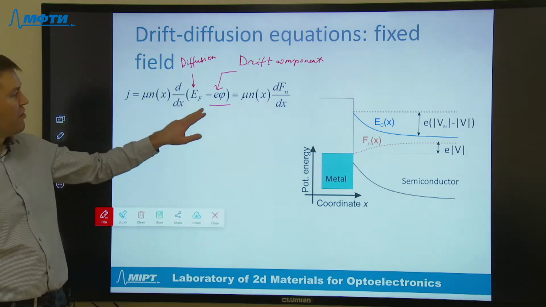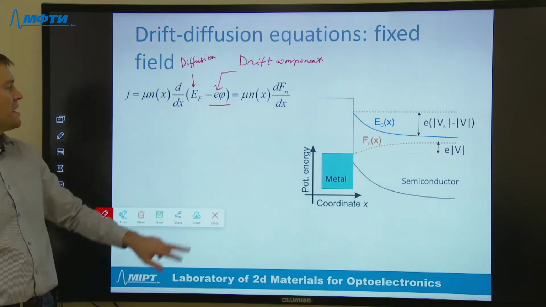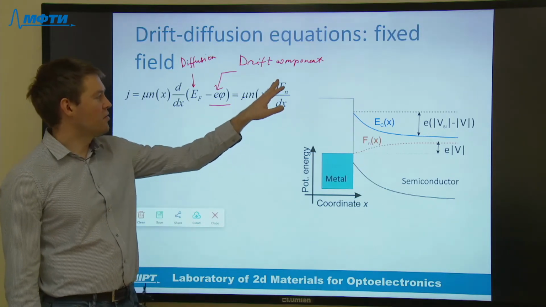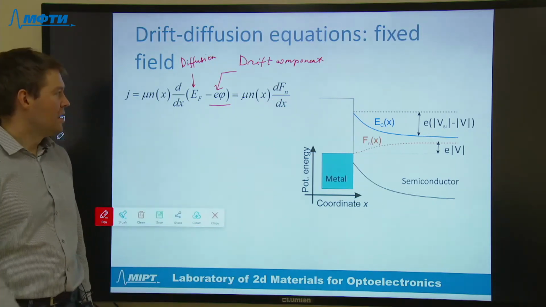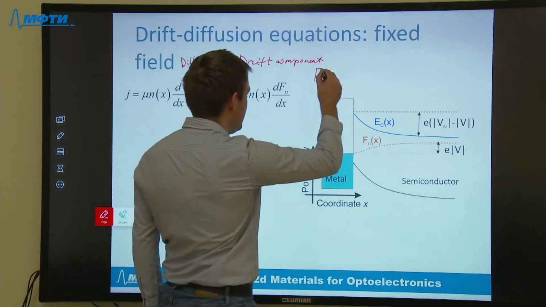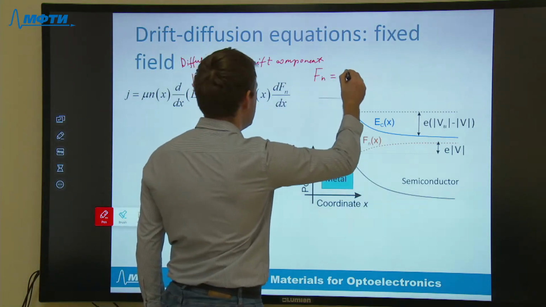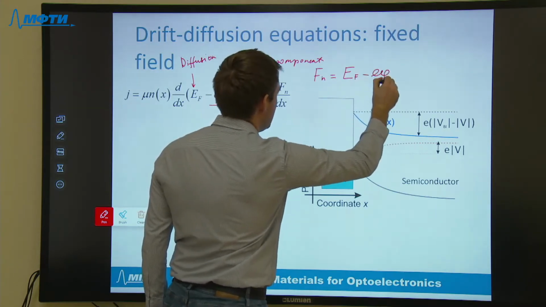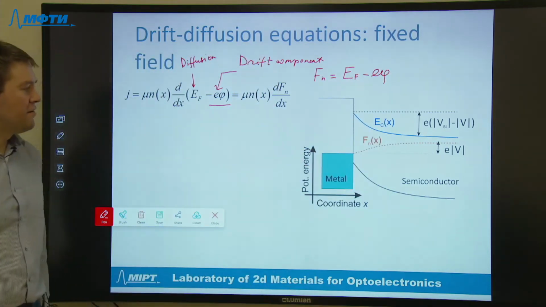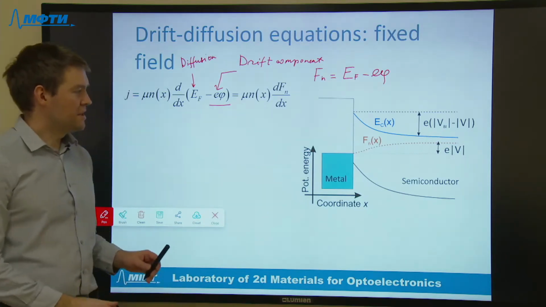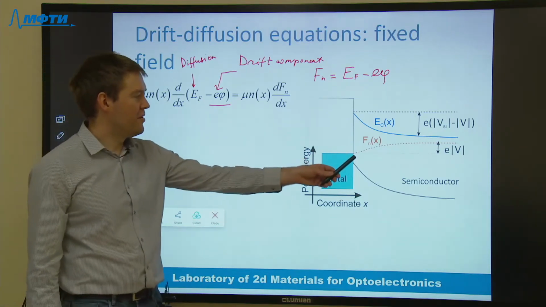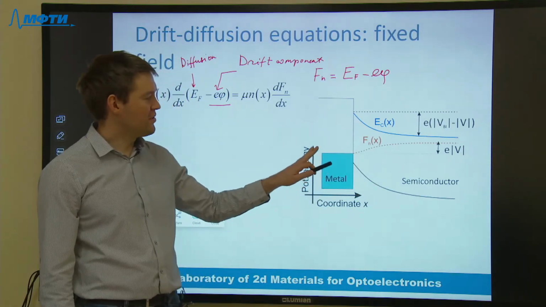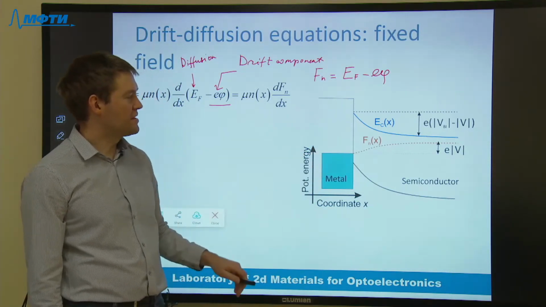Both of these quantities can be combined into the so-called gradient of the quasi-Fermi level. Quasi-Fermi level is the difference between local Fermi energy and electric potential E phi. These quantities are shown here by various colors. This picture is very important for further considerations.